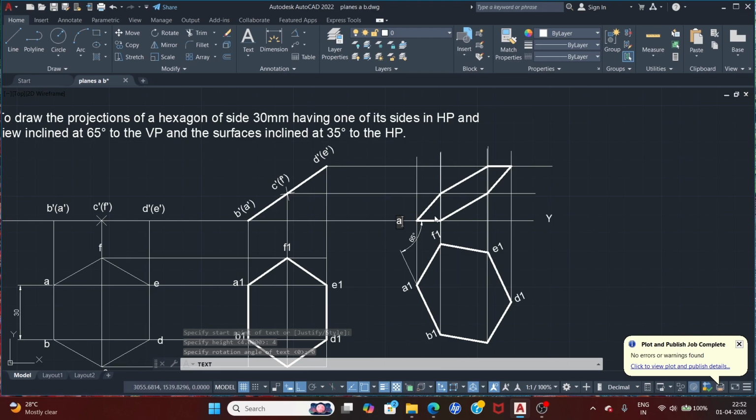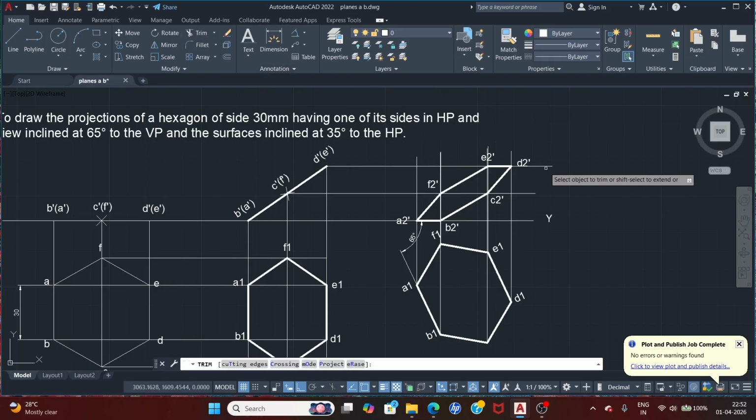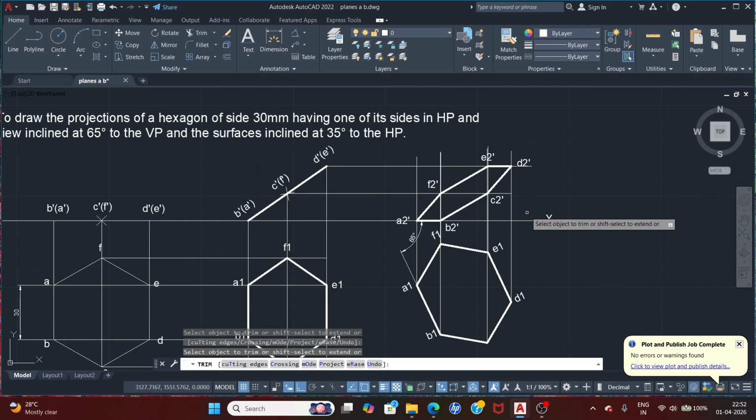So here I am indicating it as A2 dash, A3 dash, B2 dash, A2 dash, B2 dash, C2 dash, D2 dash, E2 dash, F2 dash. Okay. So like this you need to indicate and trim the excess portion of this sixth case drawing.